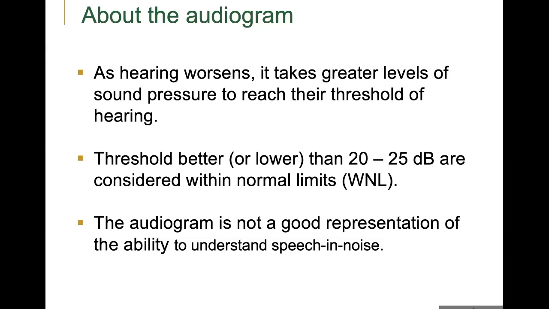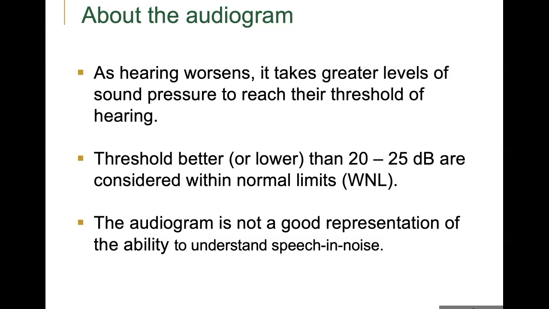So hearing thresholds better or lower than 25 decibels are considered to be within normal limits. You might hear some people refer to 25 as borderline normal hearing. For adults, hearing loss is typically characterized using these categories.